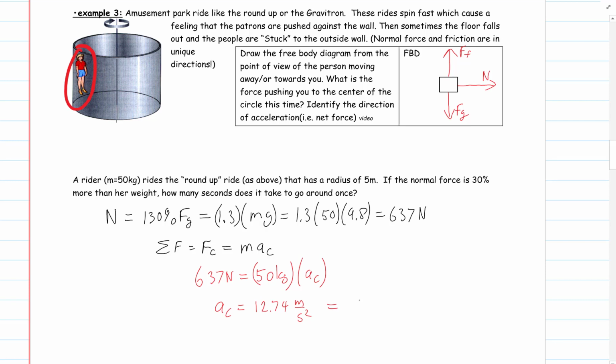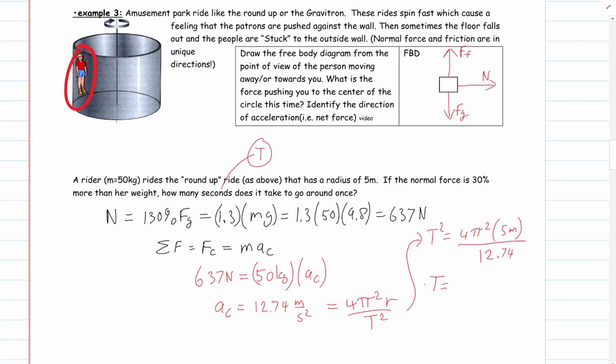But what it's asking for is how many seconds does it take to go around? So it's asking for the period. So we'll use 4 pi squared r over T squared. So this gives us T squared is equal to 4 pi squared r, which is 5 meters, divided by this acceleration of 12.74.